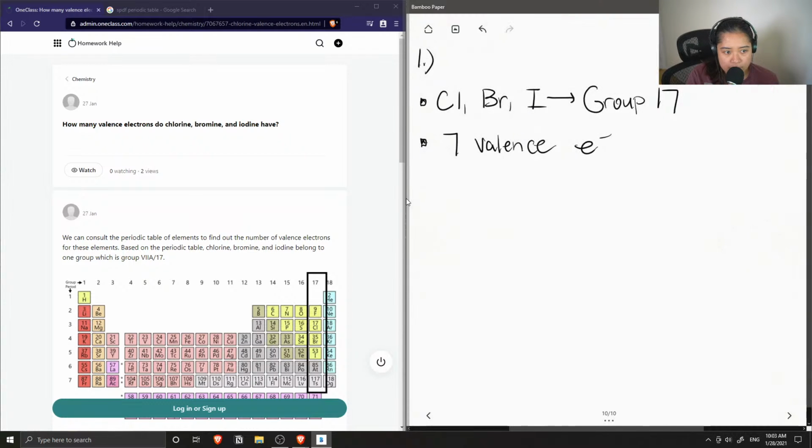So let's try to draw out an atom of chlorine. So chlorine has atomic number 17. So it also has 17 protons, and a neutral chlorine atom has 17 electrons. So if we were to draw out a chlorine atom and all of its electrons, there'd be 2 in the innermost shell, and then 8 in the next shell.